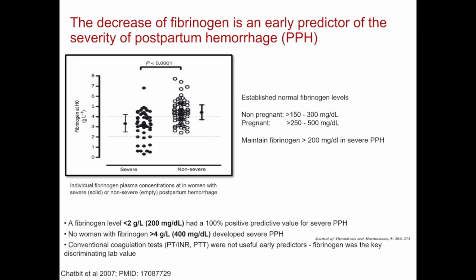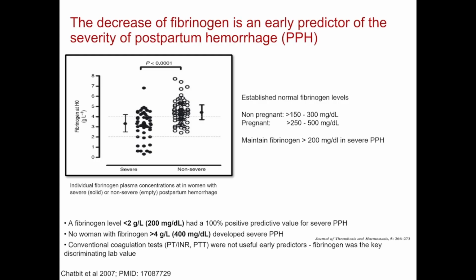In general, non-pregnant patients have a fibrinogen of 150 to 300. Pregnant patients have 250 to 500. In postpartum hemorrhage, it's indicated to maintain fibrinogen of greater than 200 in severe PPH.